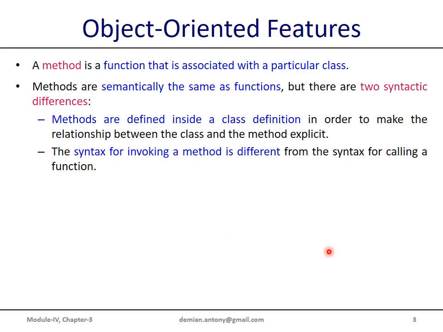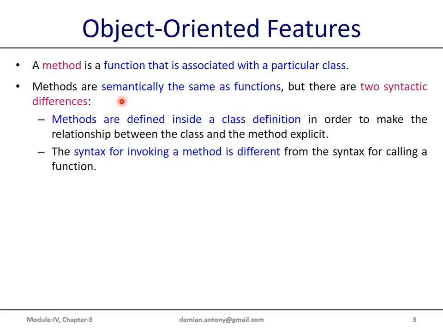Now let us understand how to define a function in Python. A method is a function that is associated with a particular class. Normally a method is also called a member function because it is a member of a class.